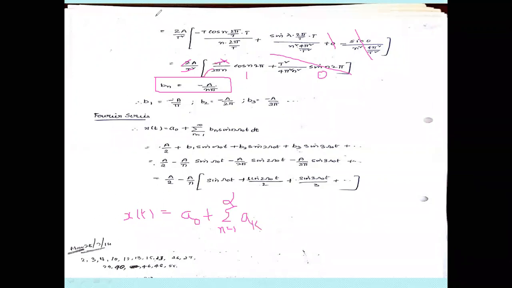Okay, we are using an here, so you can write an only. An cos n omega naught t plus the sum of n equal to 1 to infinity of Bn sine n omega naught t. Following, my dear students? Here there is no dt, it is wrong. Only the function.